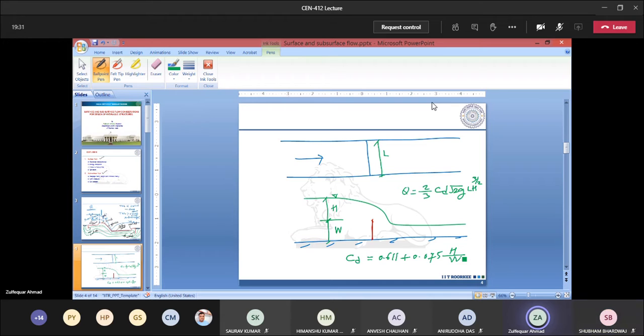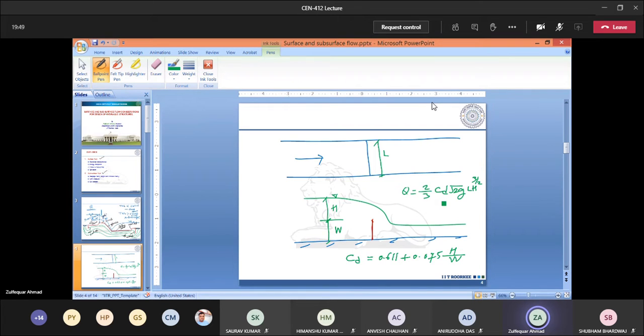I know. So now you see here, this is a sharp crested weir, right? And we have this discharge equation. We are looking for such type of equation for our barrages, cross regulators, and head regulators also.